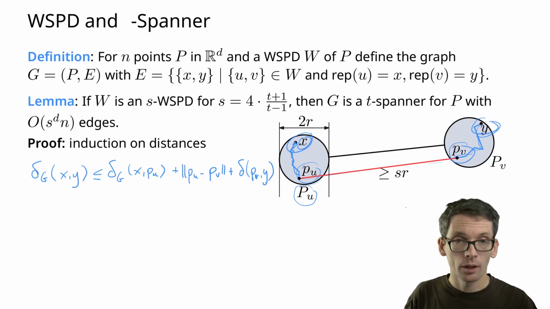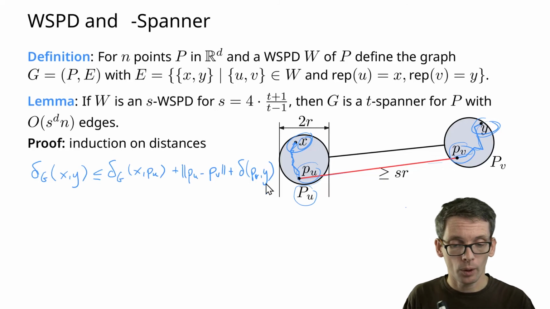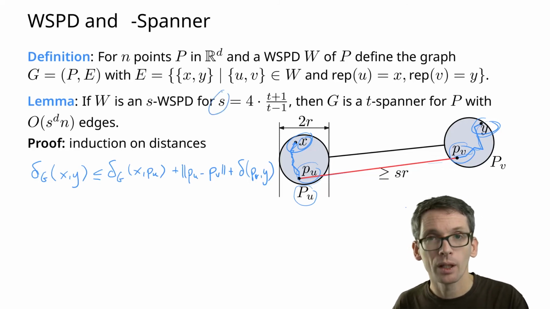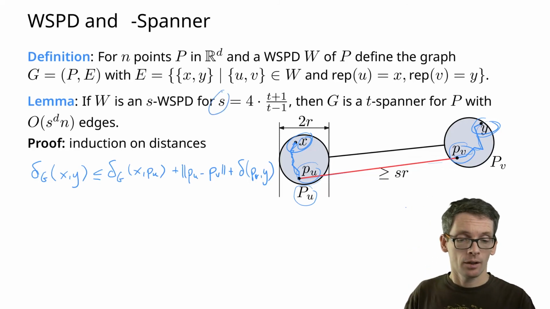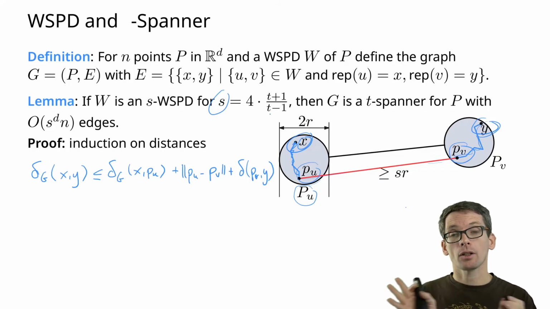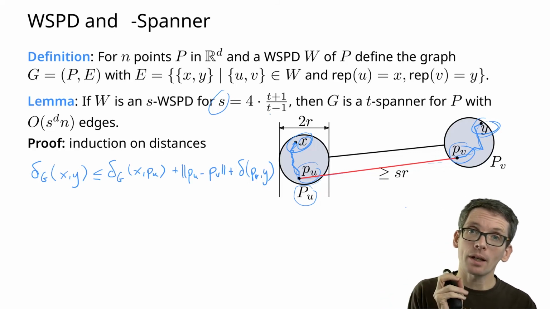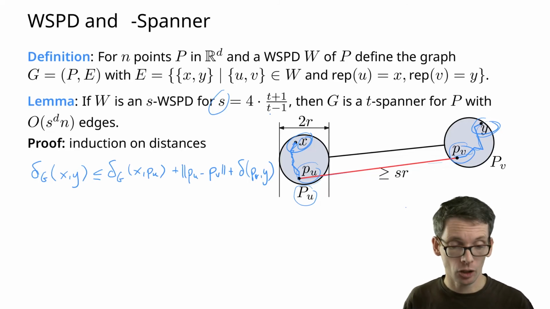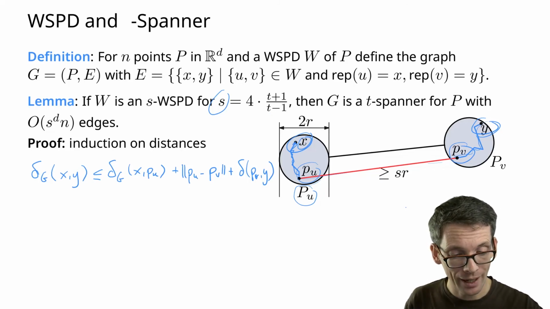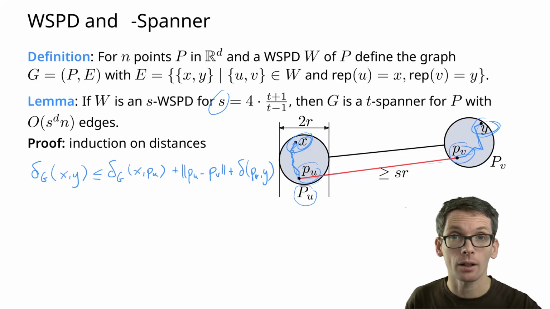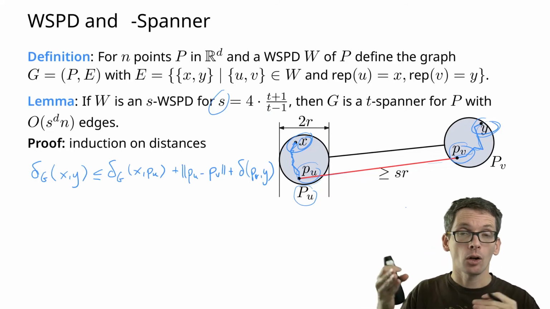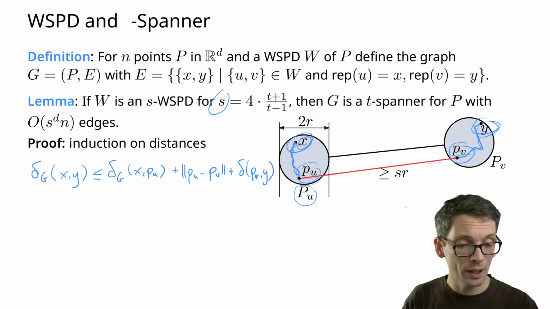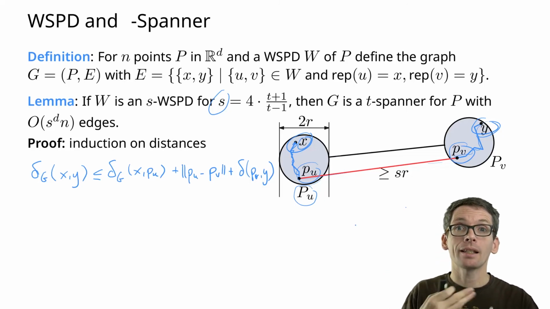So far so good. Now we have the following. By the choice of s, we in particular also know that s is larger than 2, no matter what t is. So why am I saying this? Because it means that within these disks I can apply the induction hypothesis. If this disk has radius r, the distance between x and p_u is at most 2r. Compare that to the distance between the two disks, which will be at least s times r.